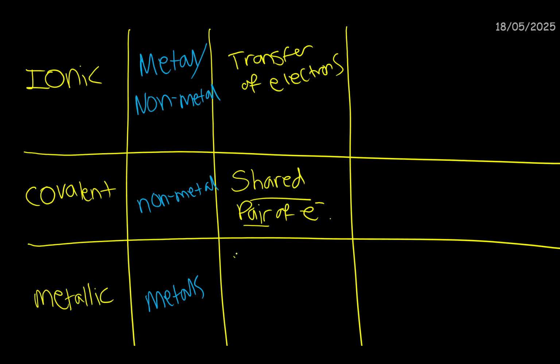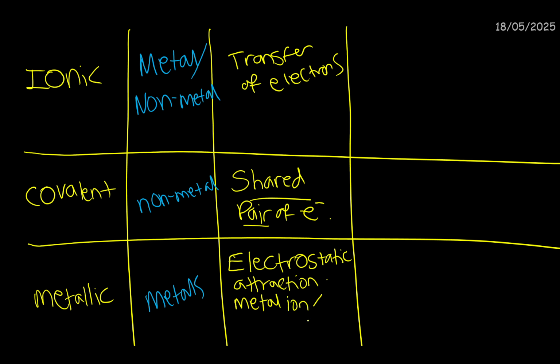Instead, you need to say that this is the electrostatic attraction between what? A metal ion and the delocalized electron. Okay, you need to say this to get the mark.